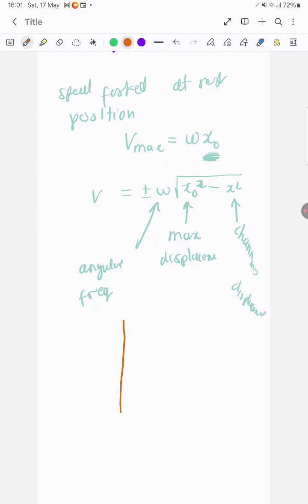If you're to plot a graph for the velocity, velocity against displacement, please note, this is not velocity against time. Velocity will be in meters per second, and x is in meters. The graph should be elliptical, like this. So obviously when your displacement is 0, you have maximum velocity.